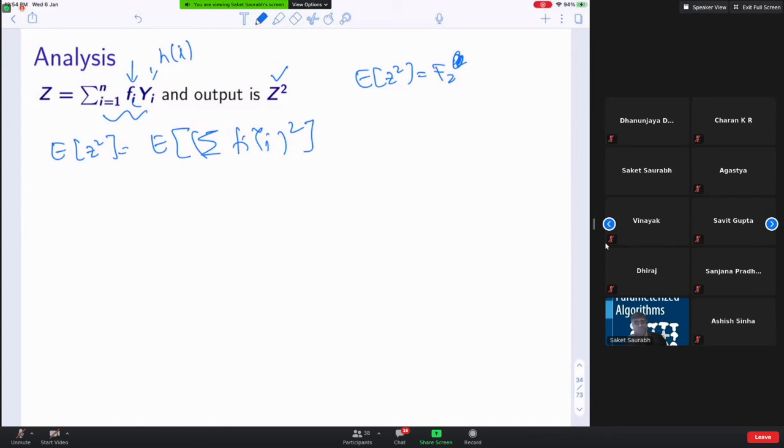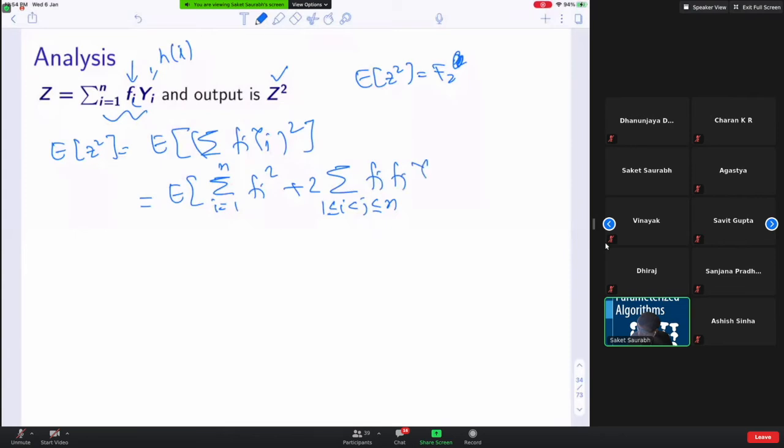Okay. So now, what is this? You write down the expectation of summation i going from 1 to n of Fi squared Yi squared, plus 2 times summation over 1 ≤ i < j ≤ n of Fi Fj Yi Yj. I have done nothing at this point of time.